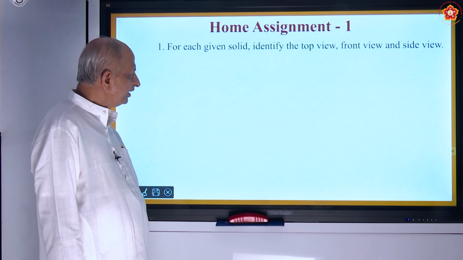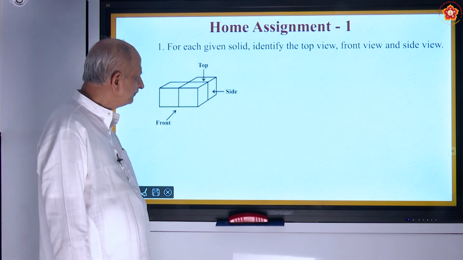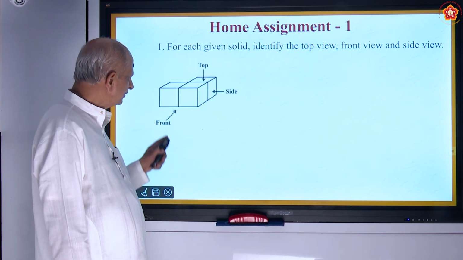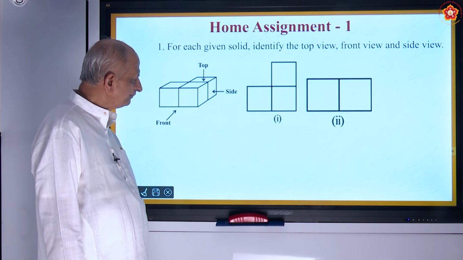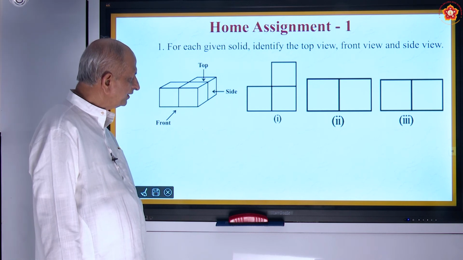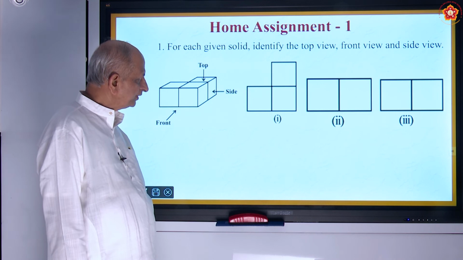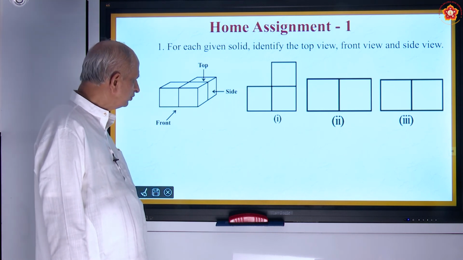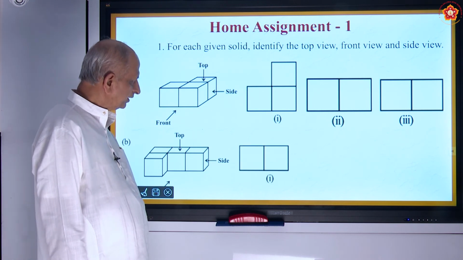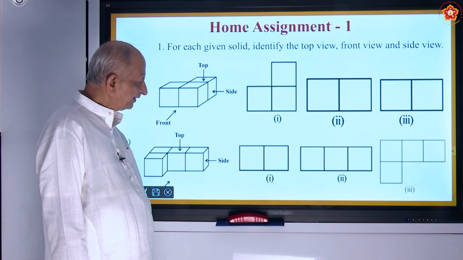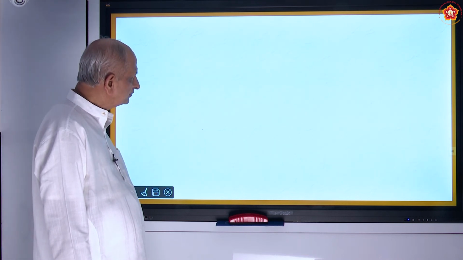For each given solid, identify the top view, front view and side view. So here one solid is given. You must tell which is the top view, which is the front view, which is the side view. This is the second figure. Here you have to answer what type of view it is. Okay.